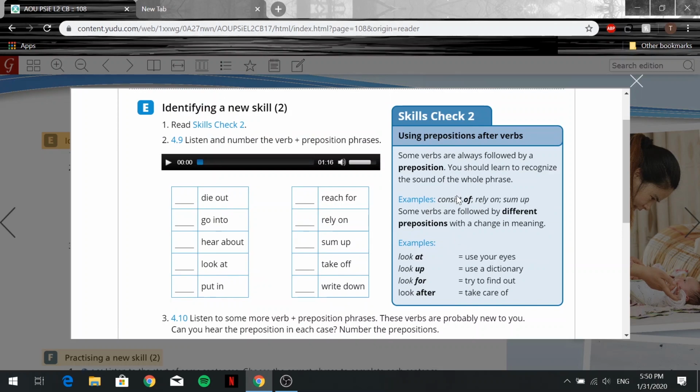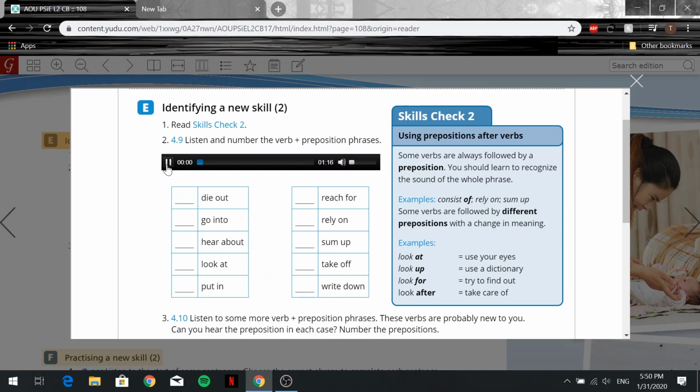So normal preposition, just the word mean consist of, rely on, sum up, that's normal. But with some verbs, when you add a different preposition, it changes the meaning. Okay, now let's take a look at some exercises. So listen and number the verb plus preposition phrases. So let's listen to this, and we'll number them as we go along.